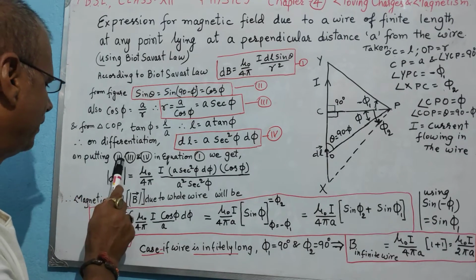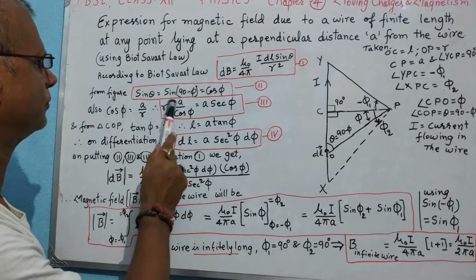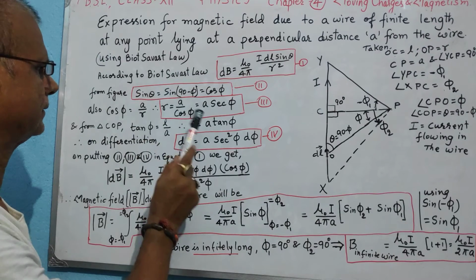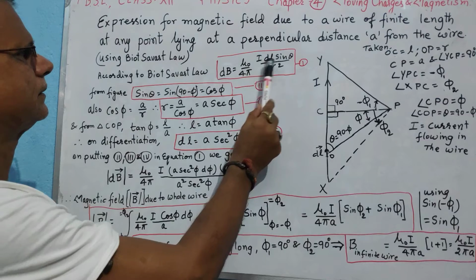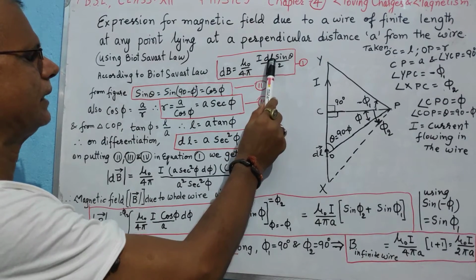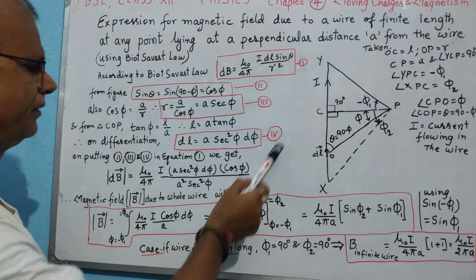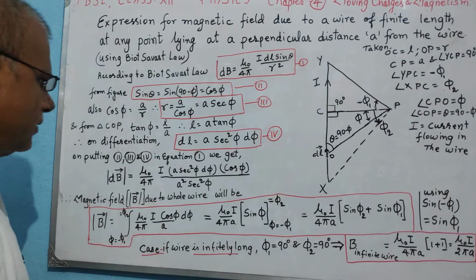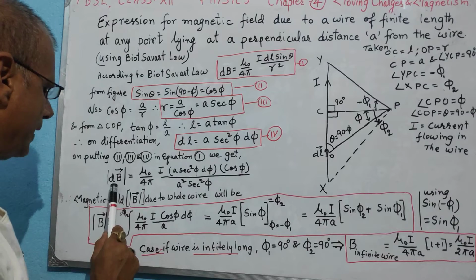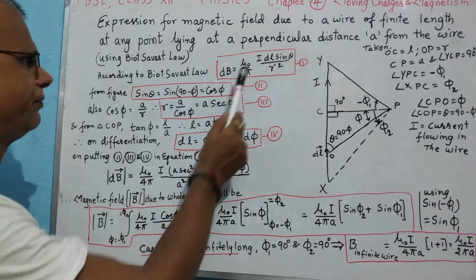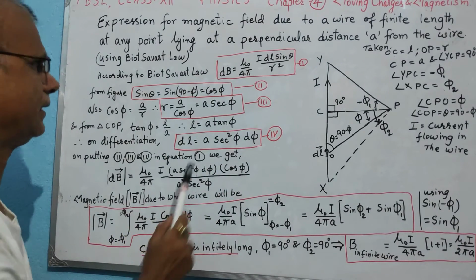On putting the values of sin theta, R and dL obtained in equations 2, 3 and 4 in equation 1, we get magnetic field dB is equal to mu 0 by 4 pi, I is already there.